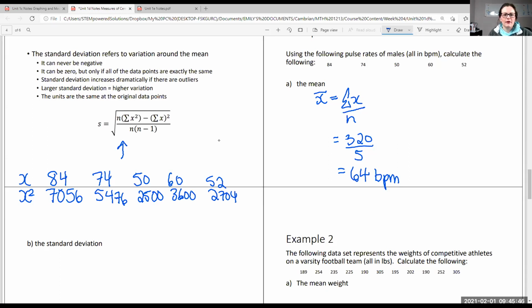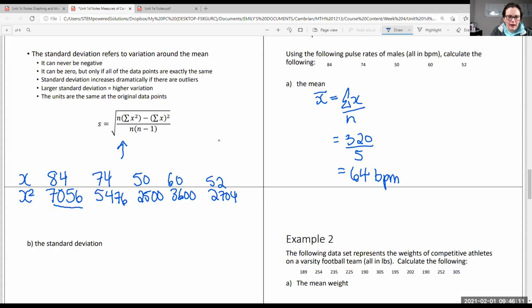Now we have our x's squared, and we need to sum up all of our x's squared. So I'm going to add 7,056 plus 5,476 plus 2,500 plus 3,600 plus 2,704.